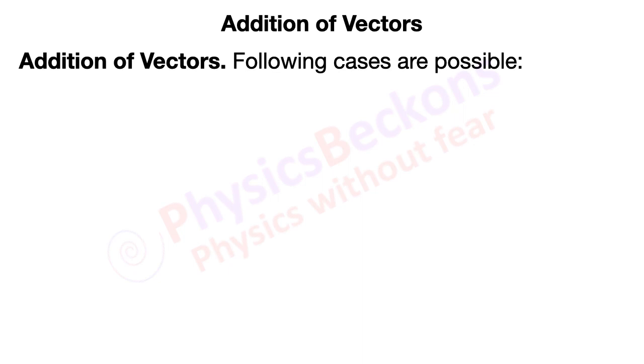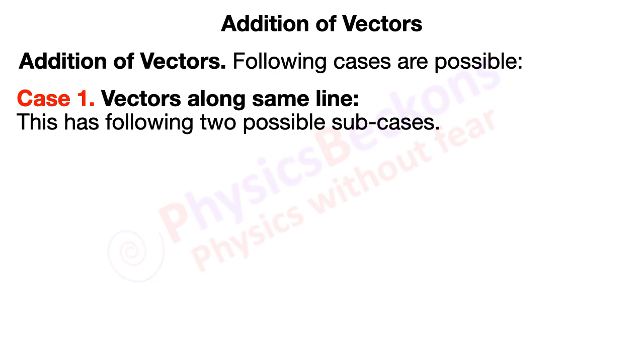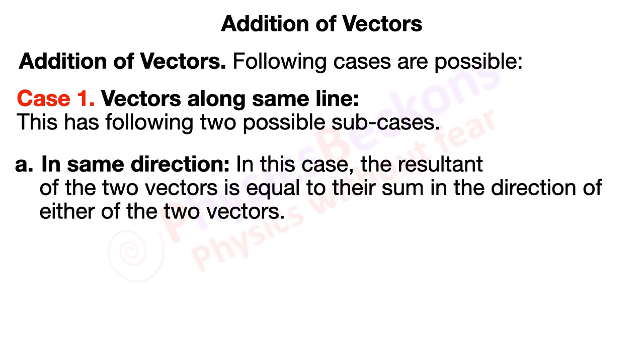Now, there are some simple special cases of vector addition. Case 1, vectors along same line. There are two sub cases of this first case. Subcase A is two vectors along same line acting in same direction.